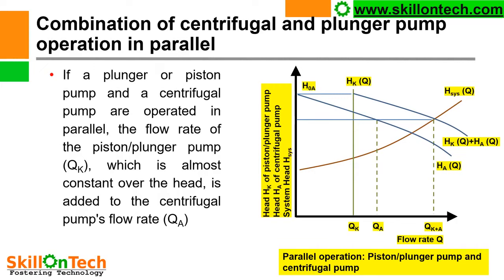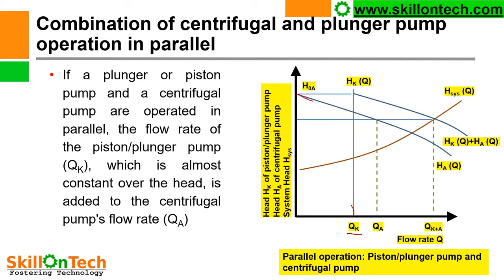Combination of centrifugal and plunger pump operation in parallel. If a plunger or piston pump and a centrifugal pump are operated together, the flow rate of the piston plunger pump Q K, which is almost constant over the head, is added to the centrifugal pump flow rate Q A. And this is our centrifugal pump characteristics curve.